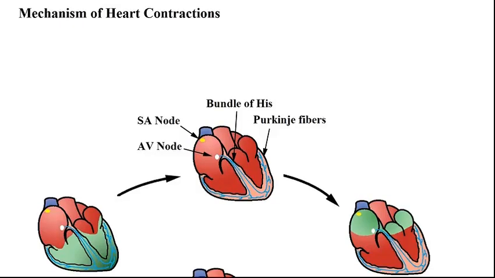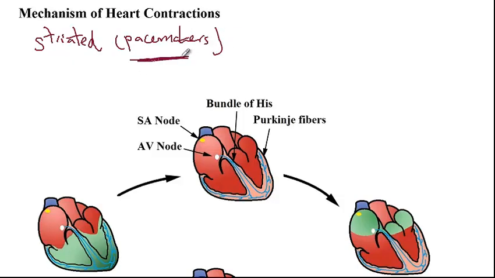We were just discussing how the heart is pumping the blood, but how is it actually being contracted? Cardiac muscle is an example of a striated muscle that contains pacemakers. Can you tell me what's the definition of pacemakers?